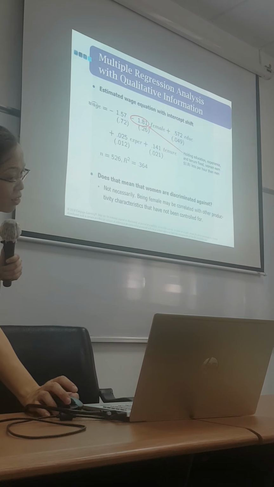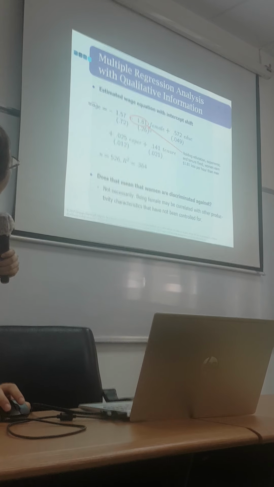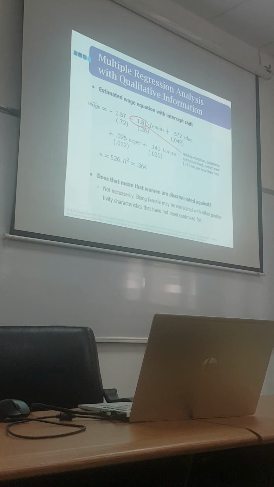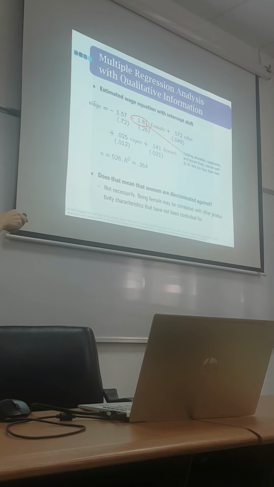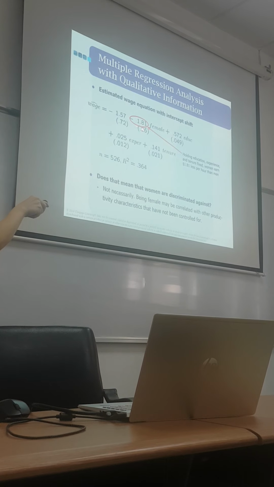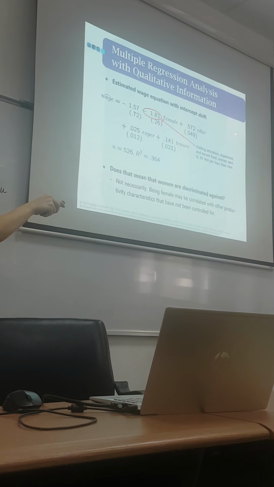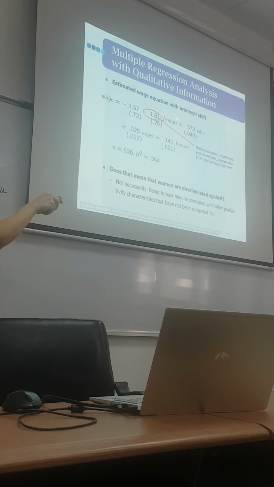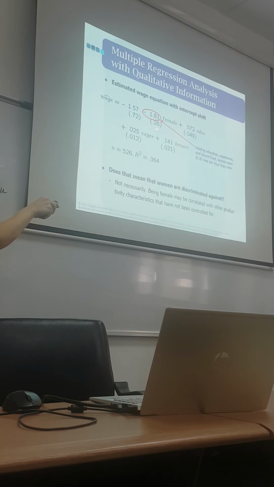If you look at this, female is a negative number, and you've got the T statistic. So we say, okay, female here, and then this is male.